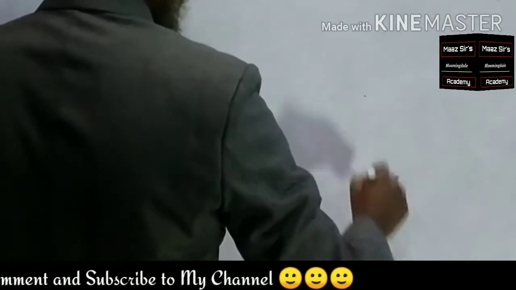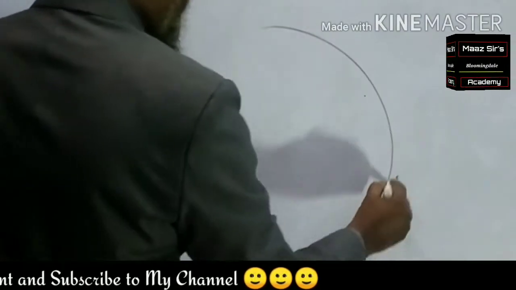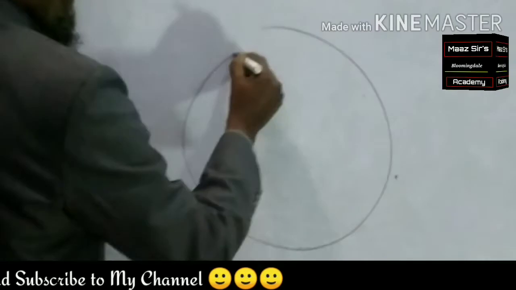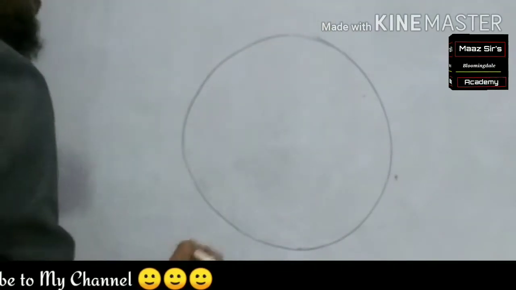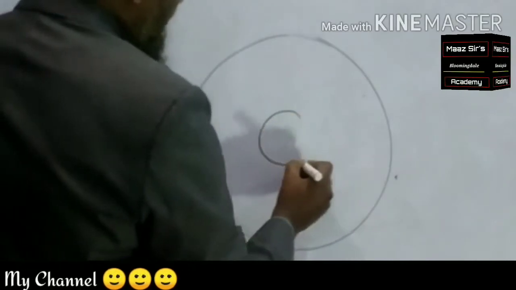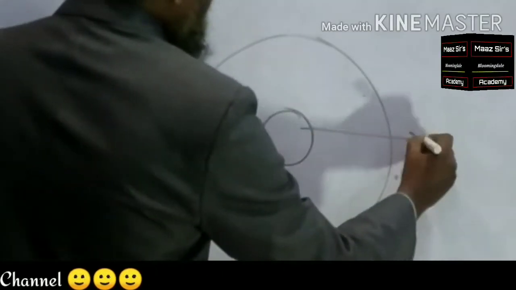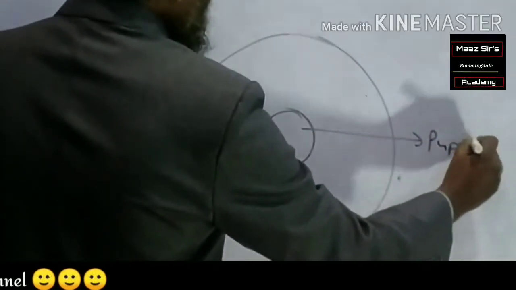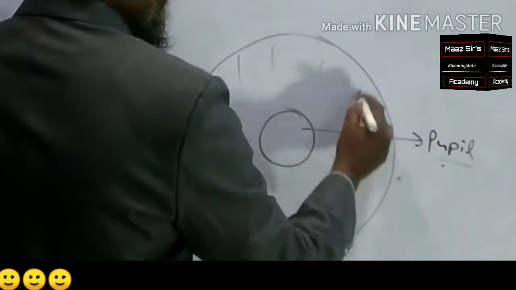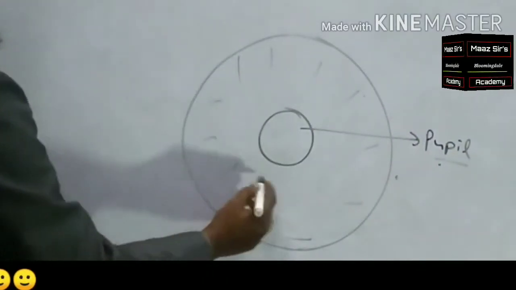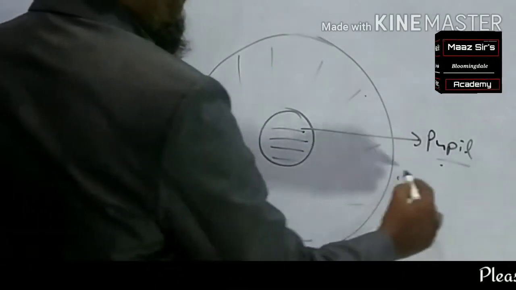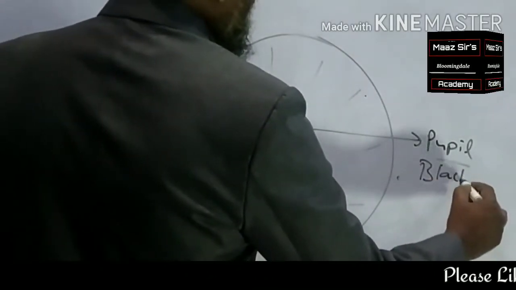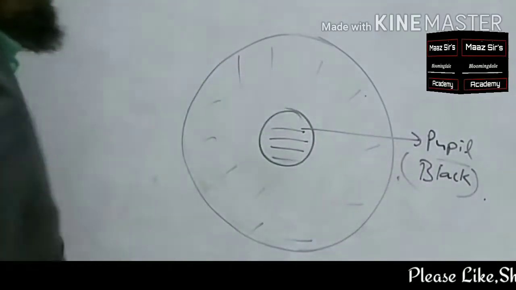So this is your iris. Inside the iris you have the pupil. This is your iris and this is the pupil. As you know, this pupil is black.